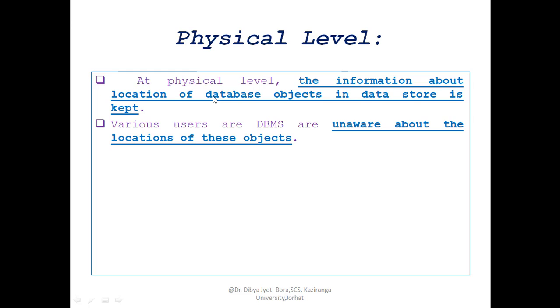So it stores where exactly the database objects are kept. Clear? The various users of Dbms are unaware of the location of these objects. So in short, the physical level deals with the location of the database objects in the data store.